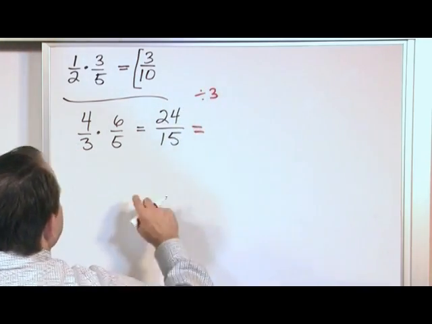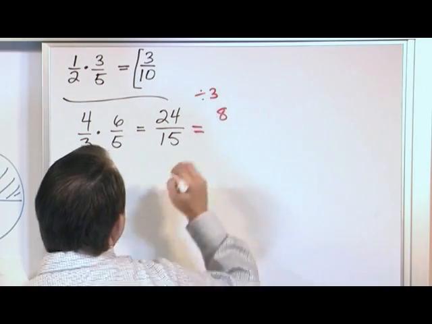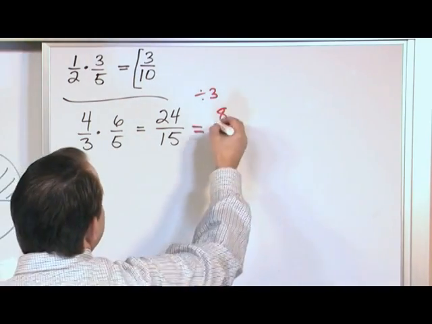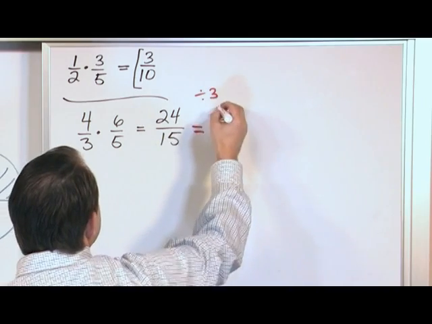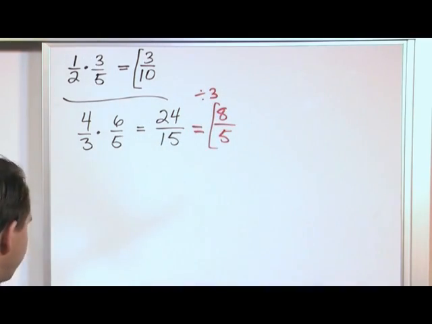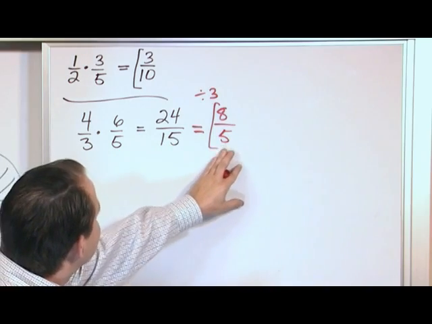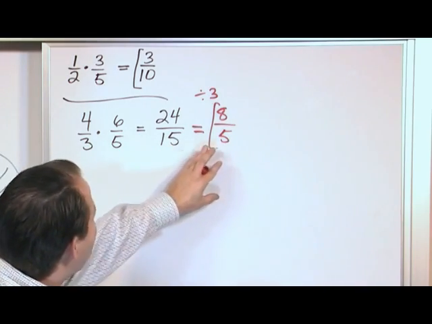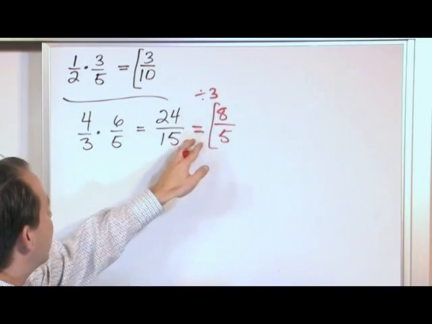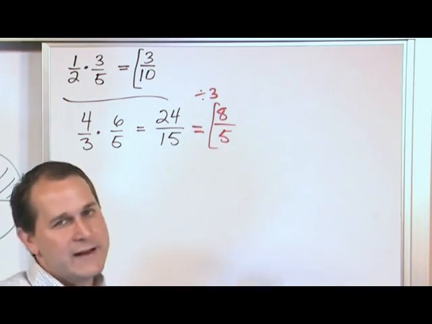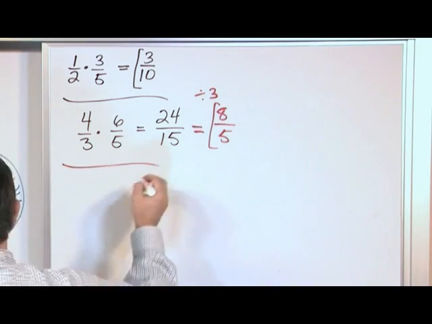I'll write that reminder to myself. 24 divided by 3 is 8, because 8 times 3 is 24. 15 divided by 3 is 5, because 5 times 3 is 15. So I have 8/5. So what I'm trying to say is when I multiply these fractions, this is the answer, but this is also the answer representing exactly the same amount of stuff. It's just written in slightly simpler terms. Not quite as big of numbers, but it represents the same amount of material. Okay?